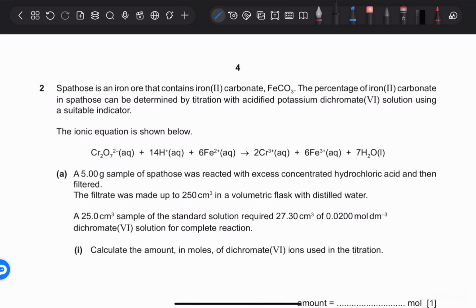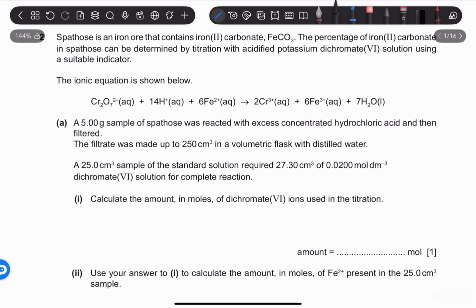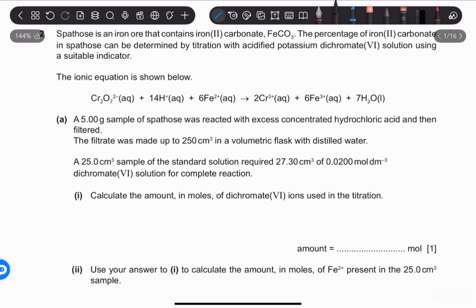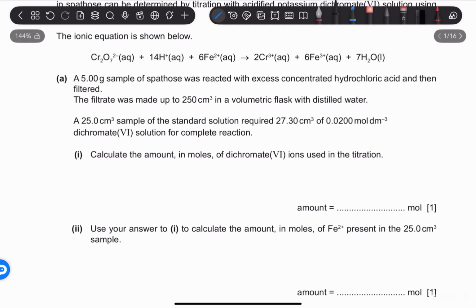Now let's move on to an actual worksheet. Okay, so we have spathos, an iron ore that contains iron(II) carbonate, FeCO3. The percentage of iron(II) carbonate in spathos can be determined by titration with acidified potassium dichromate solution using a suitable indicator. The ionic equation is shown below.